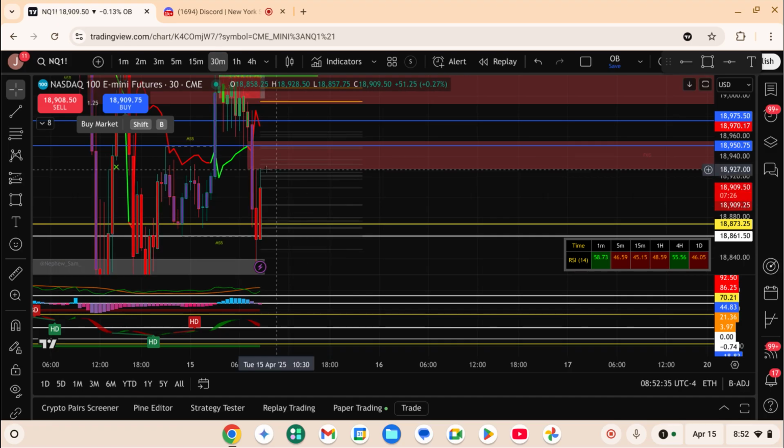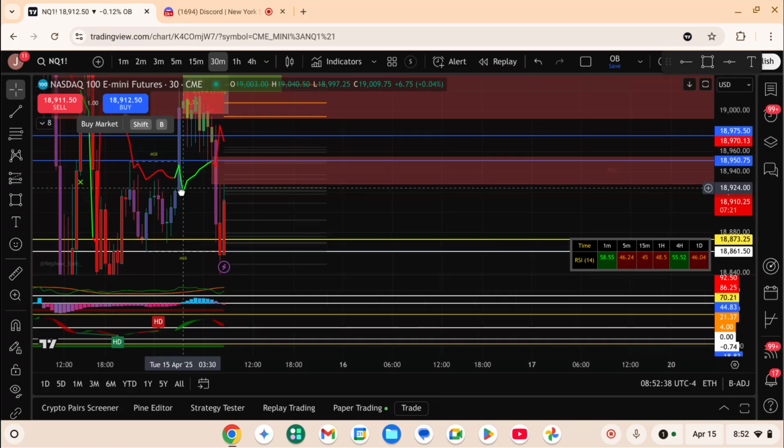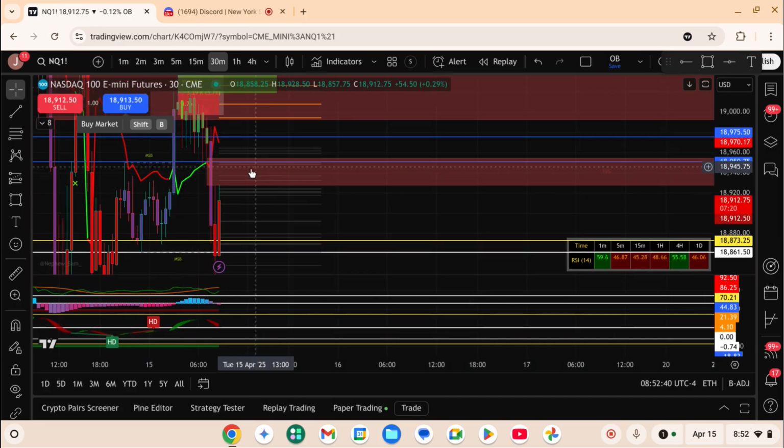Okay, I just noticed this. I wasn't really paying too much attention to it, but we got this gap here that's right by this 4 hour break of structure.